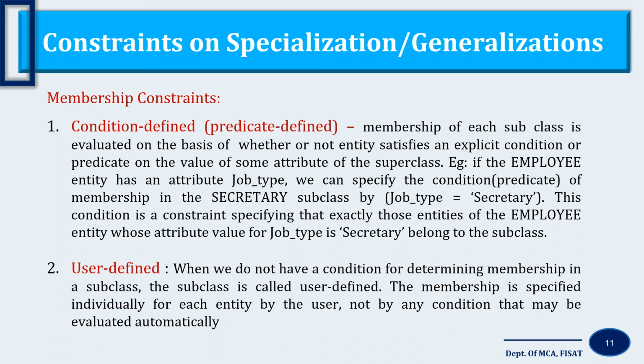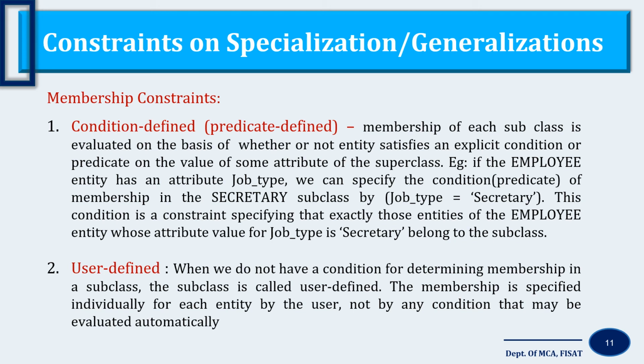In the case of condition defined membership constraint, the membership of each subclass is evaluated on the basis of whether or not an entity satisfies a particular condition on the value of some attribute of the superclass. For example, consider the entity employee, which has an attribute called job type.